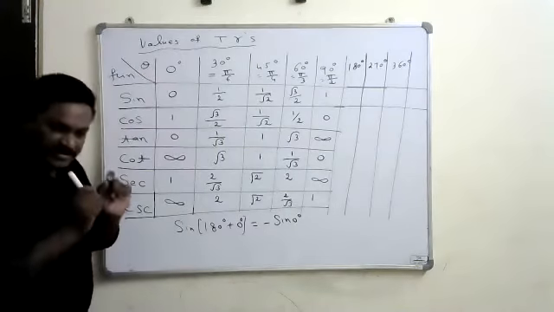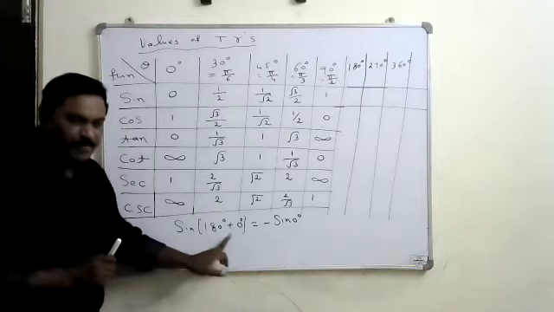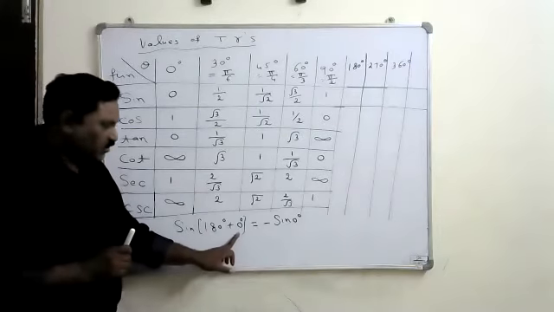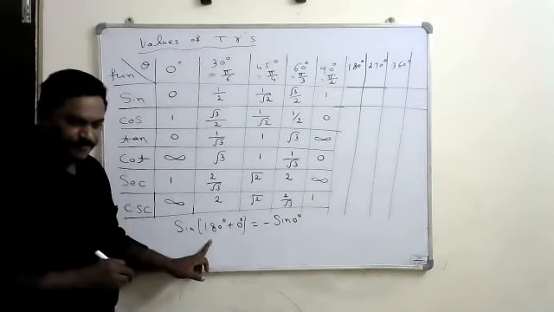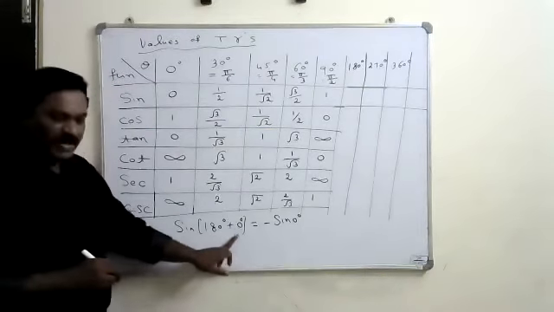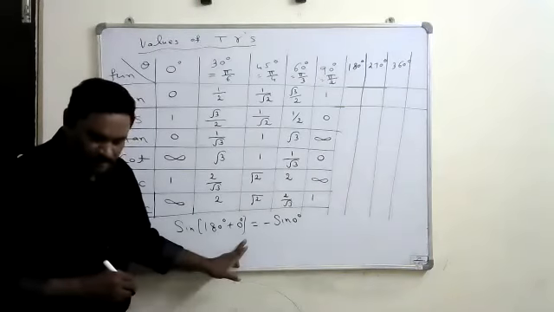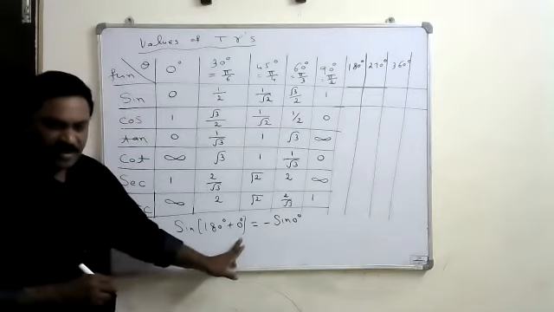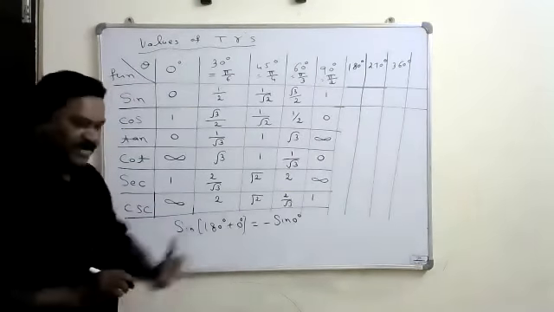I want to find sine 180 degree. I can write 180 degree as 180 degree plus 0 degree. Suppose you don't like that, you can also write 180 as 90 plus 90. Okay, so I will write 180 plus 0. Now it is in the form of 180 plus theta. That is an angle of the third quadrant, so sine is negative, and we get the minus sign.